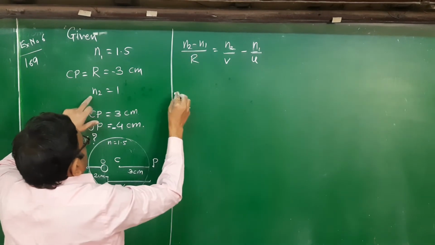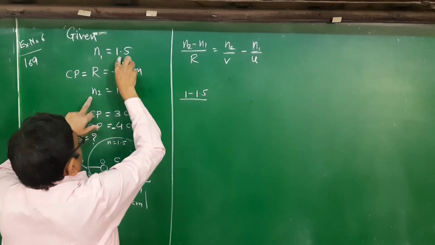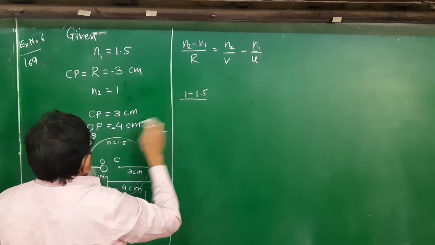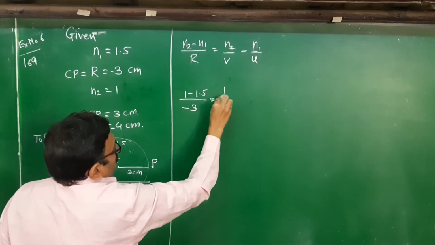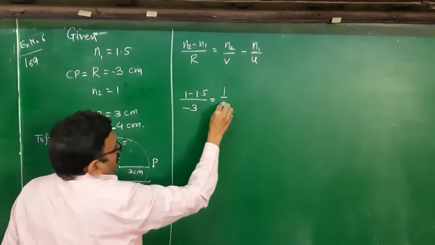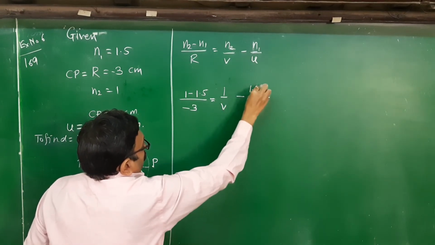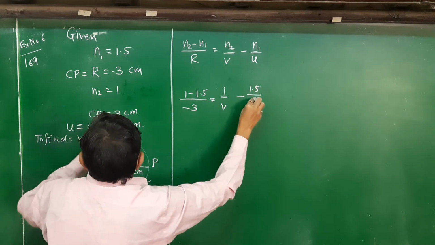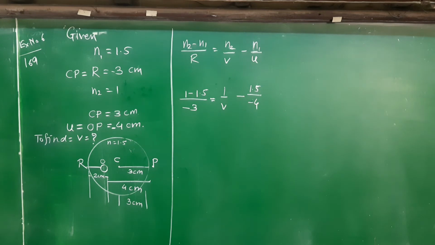Therefore we get n2 minus n1, that means 1 minus 1.5, upon R. R is the radius which is equal to minus 3, equal to n2, which is 1, upon v minus 1.5 upon u, where u is minus 4. We substitute these values.